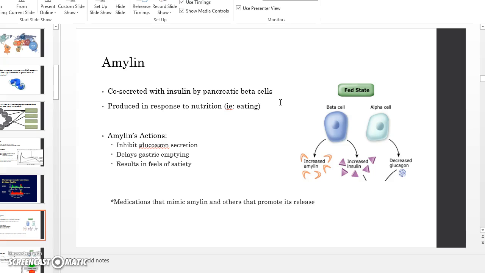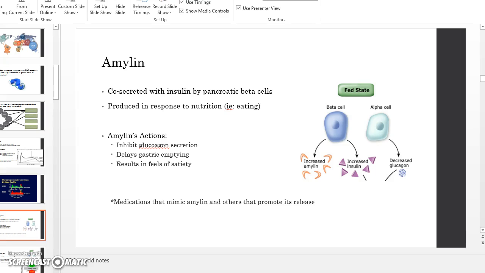Amylin is another hormone that is secreted from the pancreas alongside insulin. It is produced in response to eating or nutrition, similar to insulin. This works by inhibiting your glucagon secretion, which is secreted also by your pancreas or your alpha cells.